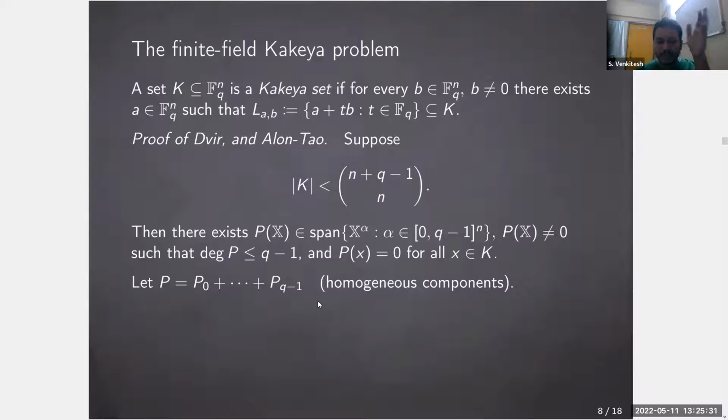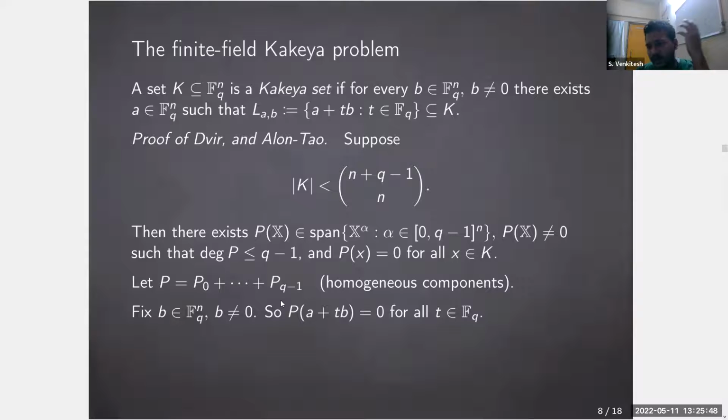Let's split this up into its homogeneous components. So P_0 is the homogeneous part with degree 0, P_{q-1} is the homogeneous part with degree q minus 1. Now fix any direction b. By the Kakeya property, there is a point a such that the line L_{a,b} is contained in the Kakeya set, and therefore P restricted to this line vanishes. So P of a plus tb is 0 for every t in F_q.